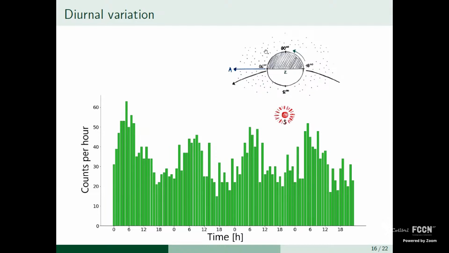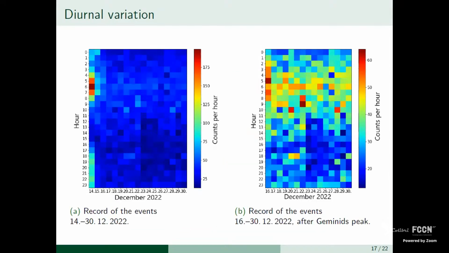So wherever you are at 6 a.m., you're going to detect meteors at a bigger rate in 1 hour than you would in the evening. This is the same effect that happens when you drive a car and it's raining and you're approaching the raindrops. You will detect more raindrops on your forward window and fewer on your back window. So this is the same thing, but on a large time scale.